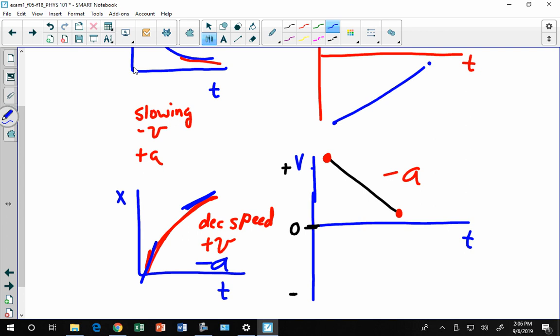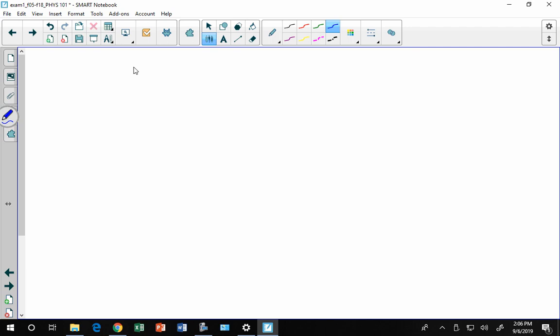Okay? I'll give you also physical scenarios. Like, for example, we did this in class today. If I give you, say, a ball that goes up and then comes back down again, you're going to have to draw the v or the x or y versus t graph for this. So just make sure that you know how to do it. This is going up and coming down, so it's sort of 2 parts.